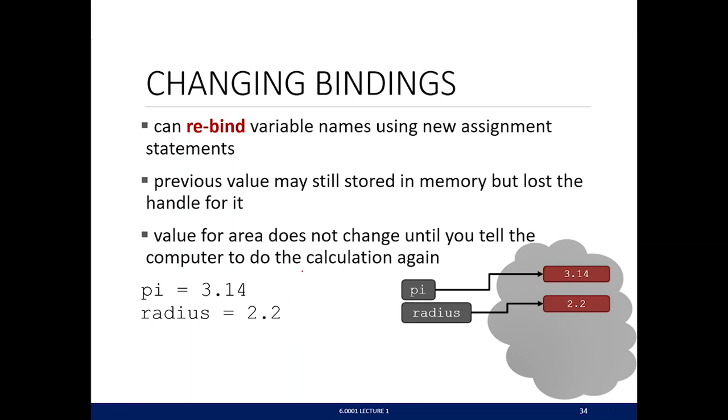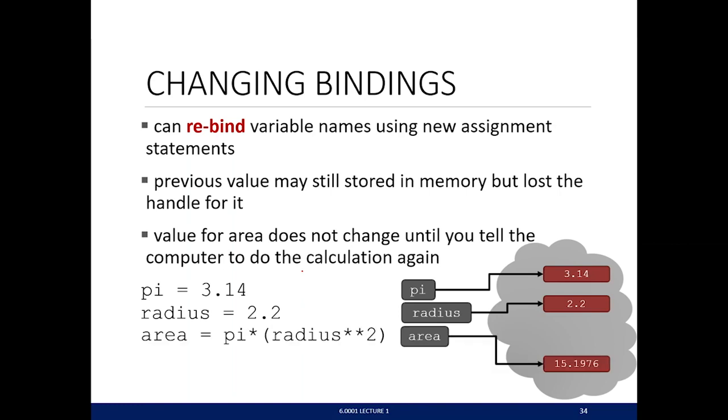In memory, we're creating this value 2.2, and we're going to bind it to the variable named radius. Then we have this expression here. It's going to substitute the values for pi and radius from memory, and calculate the value that this expression evaluates to. It's going to pop that into memory, and because we're using the equal sign, it's going to assign that value to the variable area.